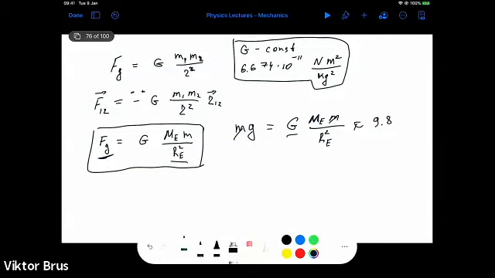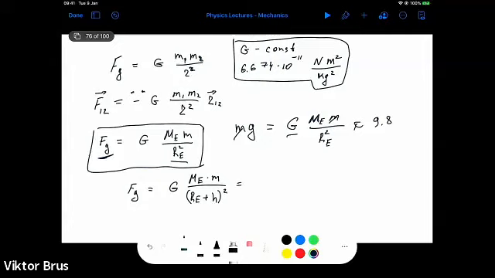Then the gravitational force will be equal to the gravitational constant times the mass of the Earth times the mass of the object, divided by the radius of the Earth plus the height, the distance from the surface to the position where we locate this object, squared.